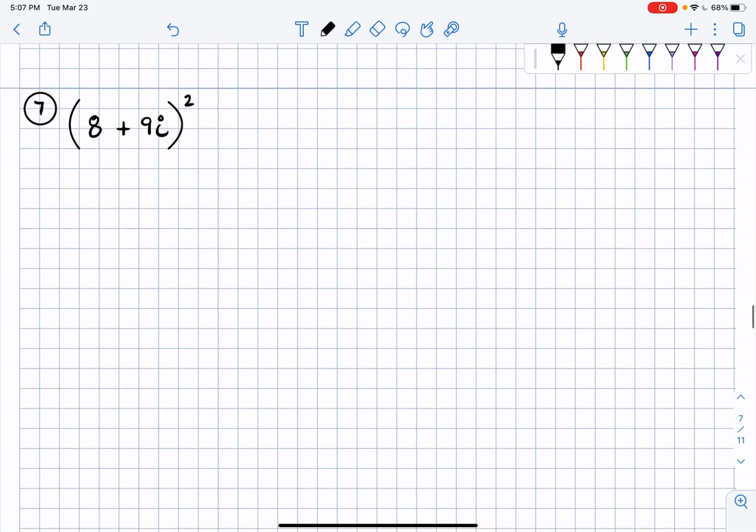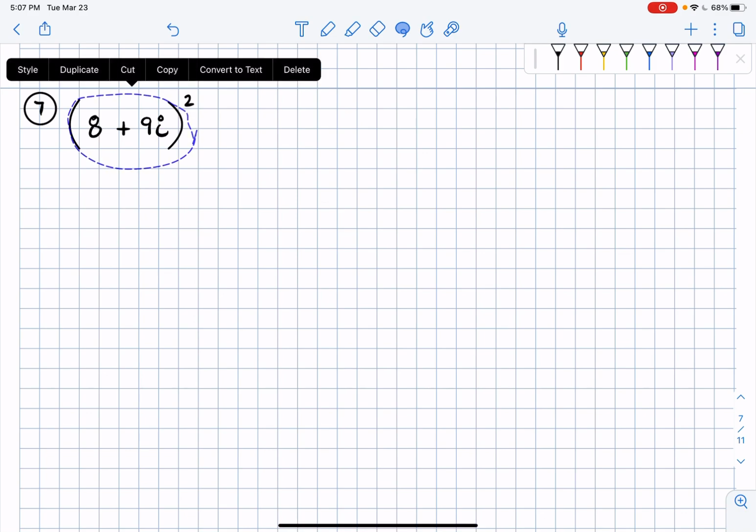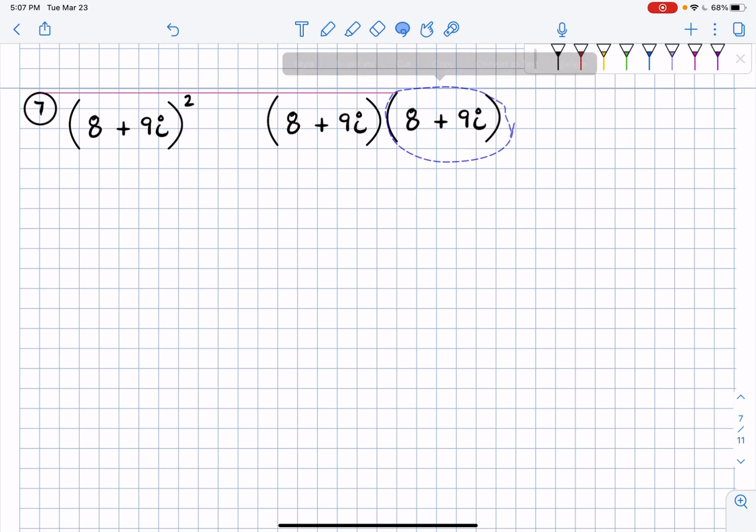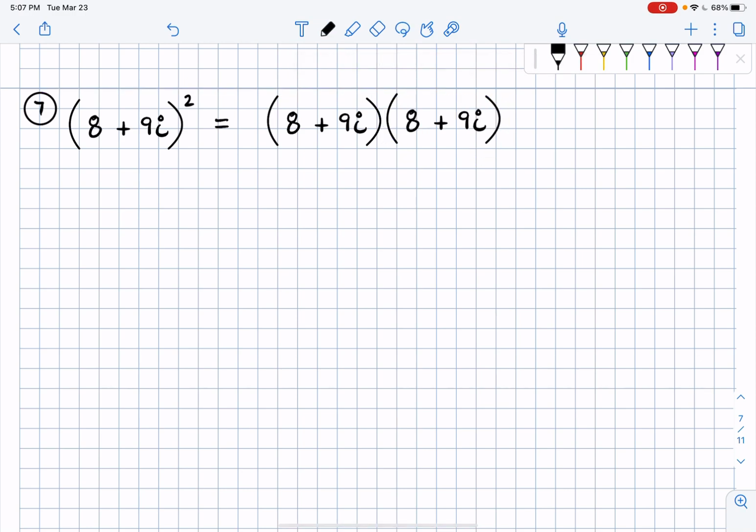On to number 7. All right. So this, if you notice, has a square, right? And what does that mean? That means I have to write this out twice. So I gotta write it out twice, and I gotta FOIL or double distribute this, okay?